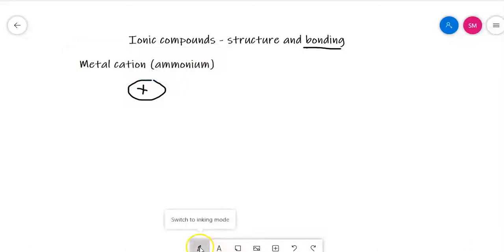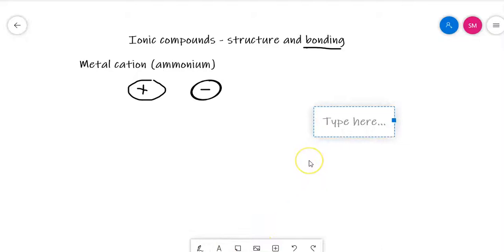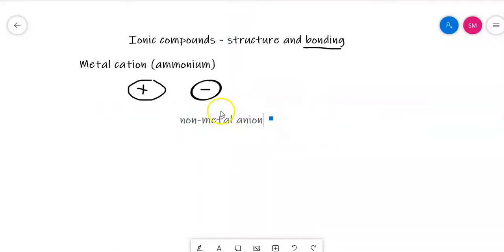And an ionic compound is when you have that metal cation bonded to an anion, which is always a non-metal. So whenever we see a chemical formula with a metal and a non-metal, we can safely say that it will be an ionic compound.